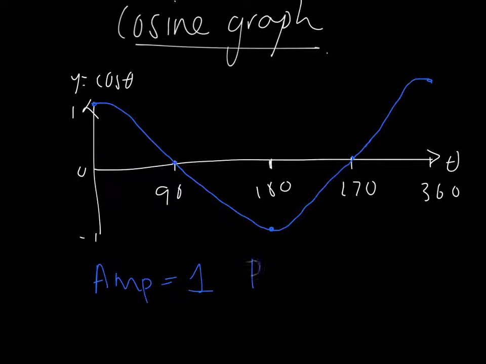The period is 360 again, and we know that that's one cycle. So we could change that depending on what the equation was or the multiples in front of our cos and those sorts of things. Like when we're looking at quadratics again and how that translates or changes the graph, we can do the same things with a sine and cosine graph.